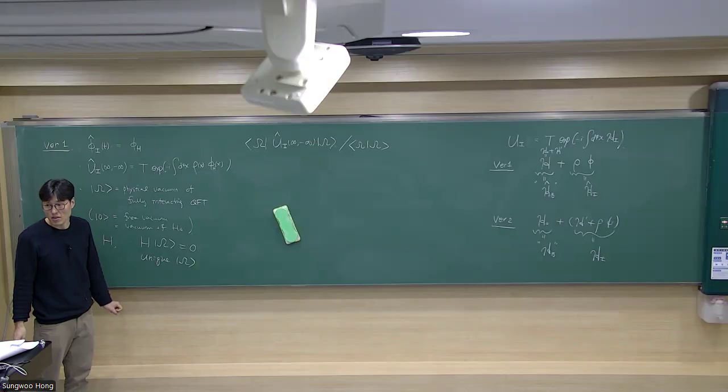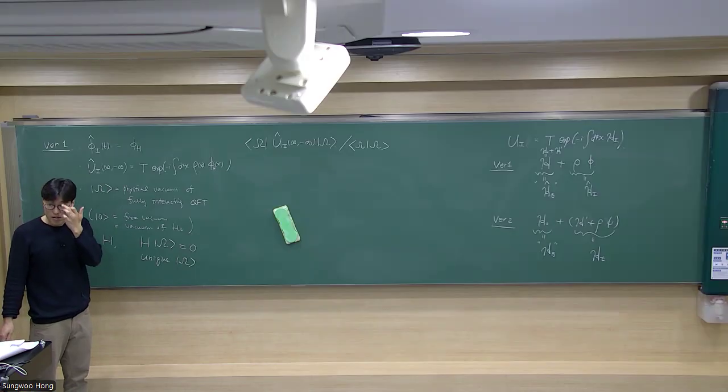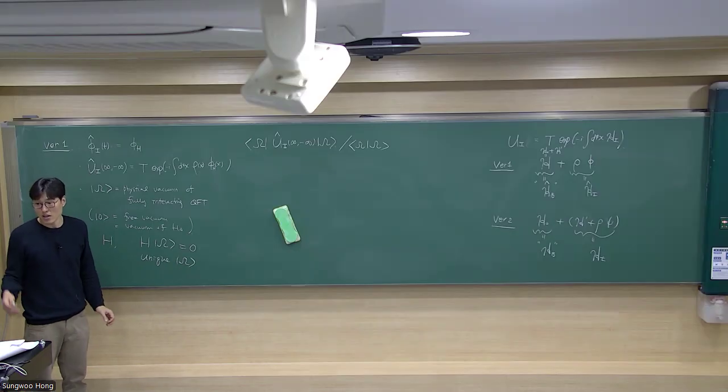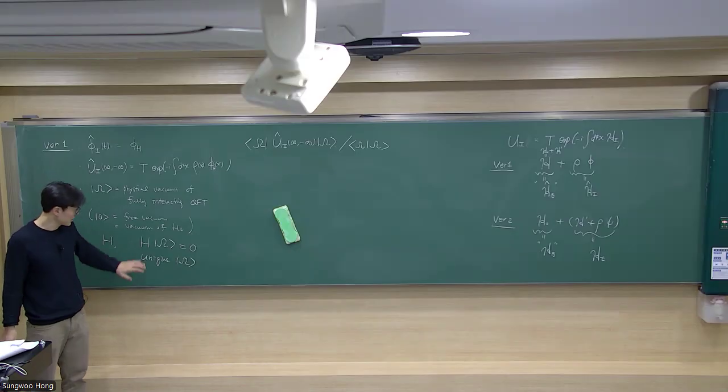Recalling the definition of the pre-vacuum, it was defined as H0 acting on that is 0. It was defined as the vanishing property of the annihilation operator. That's right. It is a much sharper definition than this general one, since it relies on the creation and annihilation operators, which exist for a free field.